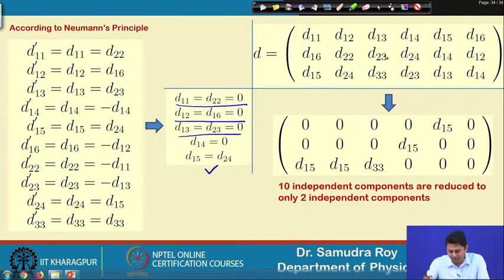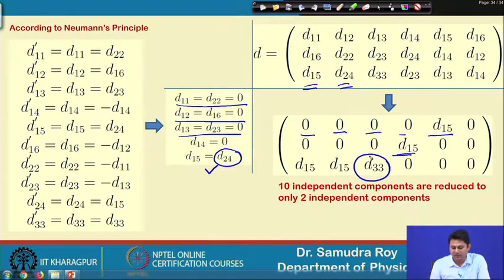From this we finally have the expression of the D matrix, and this expression suggests that D11 is 0, this is 0, this is 0, this is 0, D15 is not equal to 0, D16 again 0, and all these other terms are 0. D15 I should write here because D24 and D15 are the same. So these two are the same elements, then 0, 0, D15 is here, D15 is here, and D33 is one independent coefficient that is sitting here.